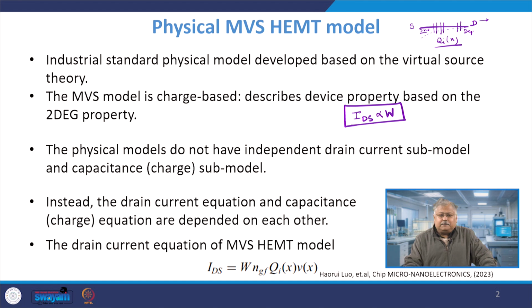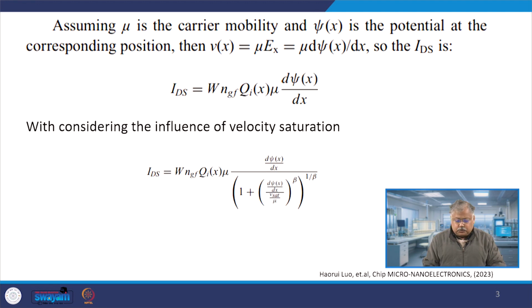The higher the value of the width, obviously the more will be the current, because there will be more charge. But generally in many research papers or in books, we see that it is normalized with respect to width, and the width is divided into the left hand side such that the width does not come into the picture, and therefore there's a constant term which always comes into the picture and gives me the value of IDS. Okay. So this is the drain current equation for the HEMT model which we choose.